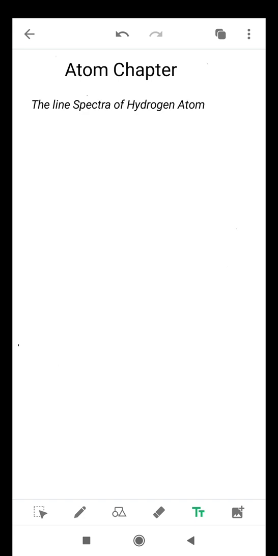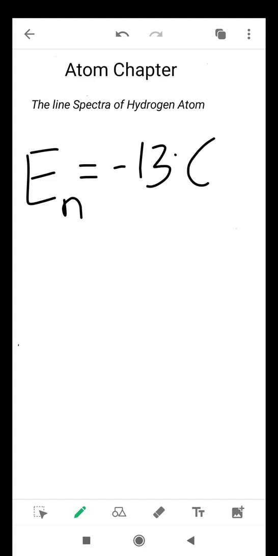In the last session we studied the expression for energy of an electron in an orbit of hydrogen atom. We got the final expression as En is equal to minus 13.6 divided by n square electron volt.